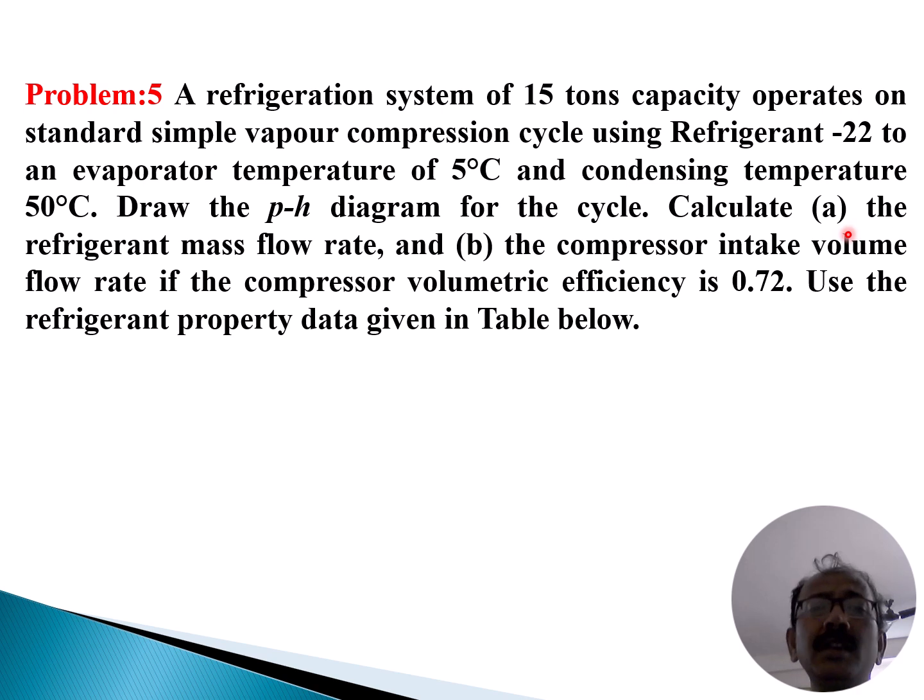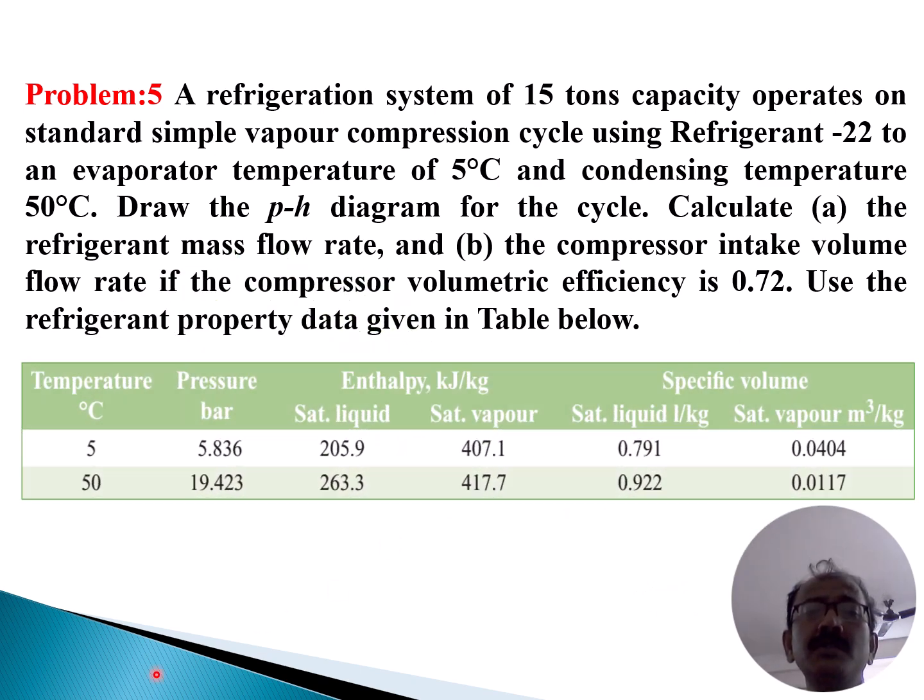Calculate A, the refrigerant mass flow rate, and B, the compressor intake volume flow rate, if the compressor volumetric efficiency is 70.72. The refrigerant property data is given in the table below. So this is the data in the table: at temperatures 5 and 50 degrees centigrade, the pressure is this, with the corresponding enthalpies and specific volumes. These are given in the problem.